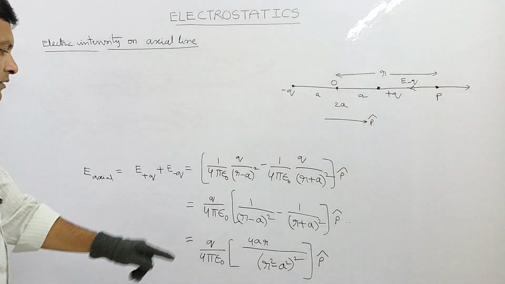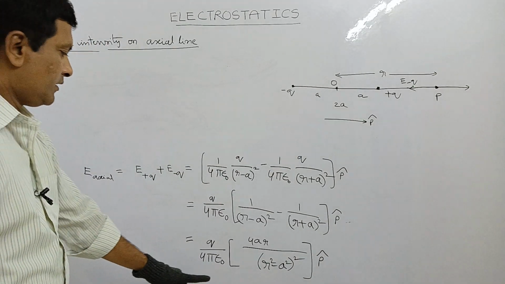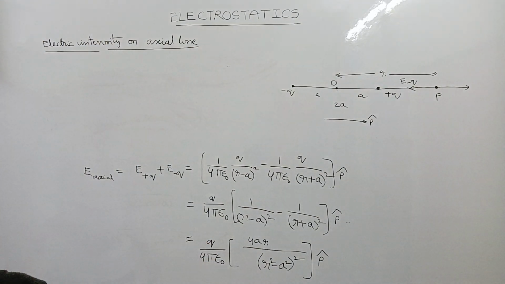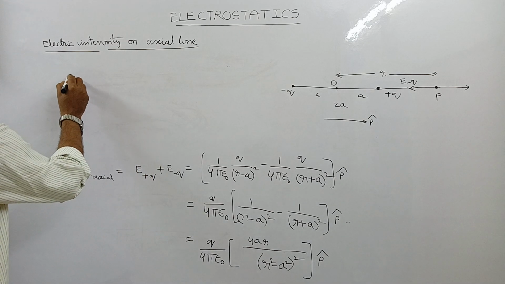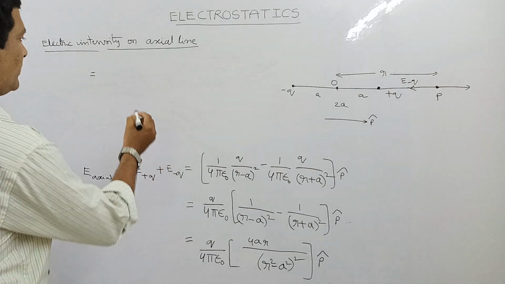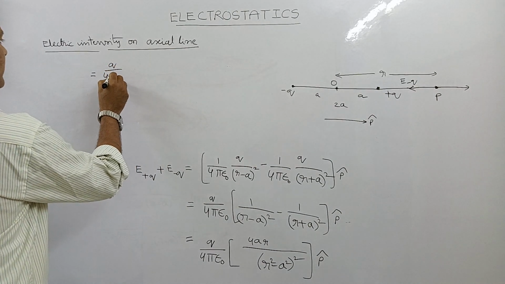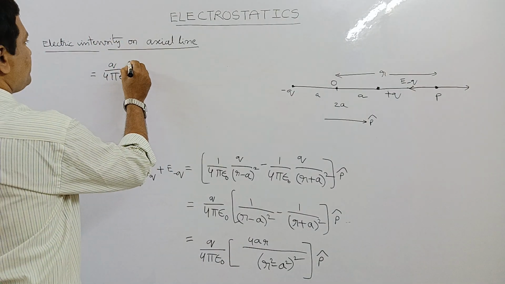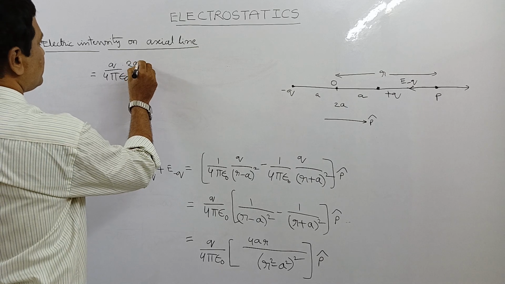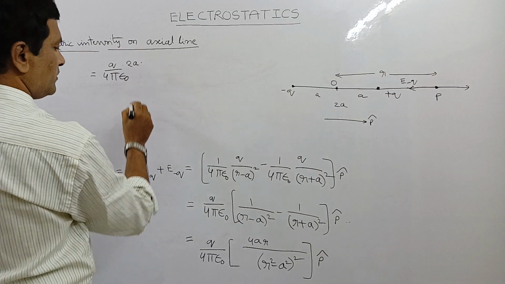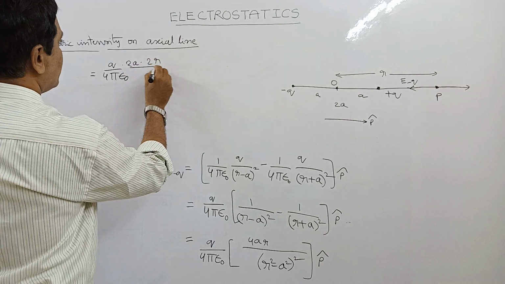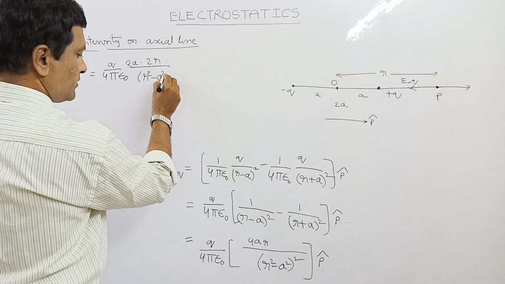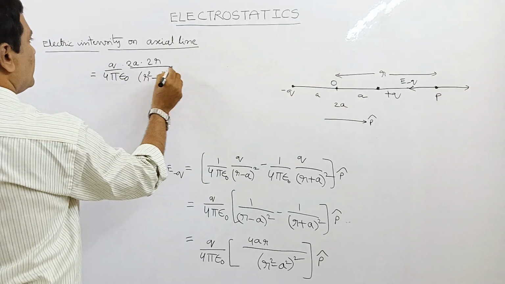Here look at this, q, 4ar, 4 pi epsilon naught, these terms can be further simplified. See, we write q by 4 pi epsilon naught, I will write 4ar as 2a into 2r by (r square minus a square) whole square, p cap.